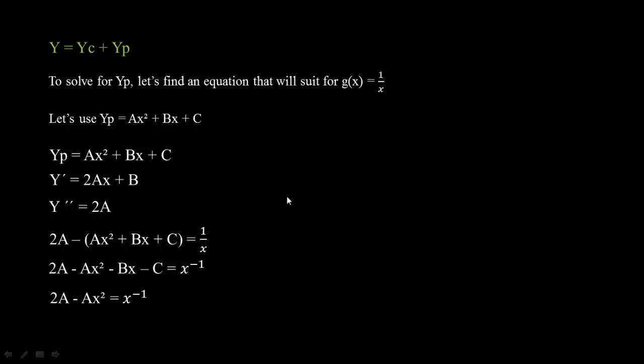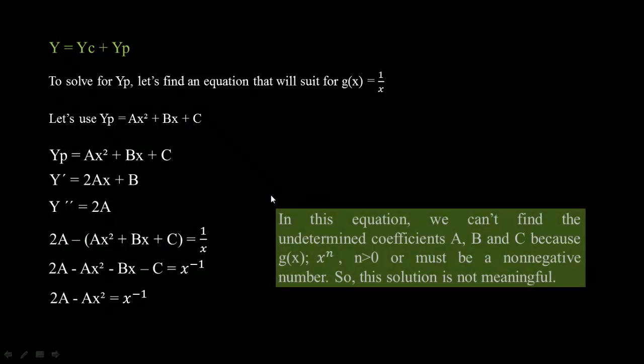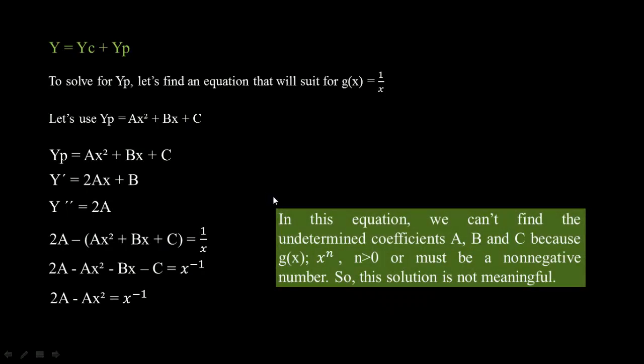But we cannot solve for the particular integral, and we cannot find the undetermined coefficients a, b, and c, because in undetermined coefficients, in terms of x to the n, the exponent n must be a non-negative number.